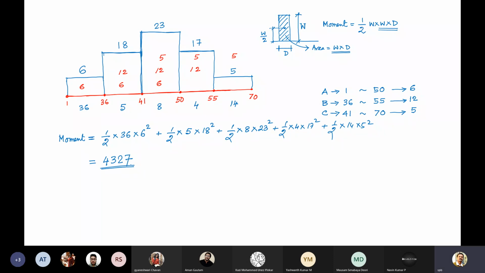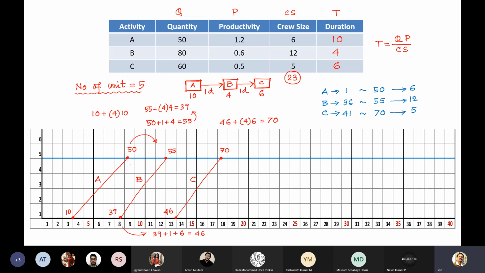So this first problem was over. Again, I go back to the problem. ABC is a serial kind of a thing, and there are 5 units to be followed. I have given some Q size, which is total Q size 23, and based on productivity and quantity, I got duration like 1046. This is very important. 23 is the manpower.